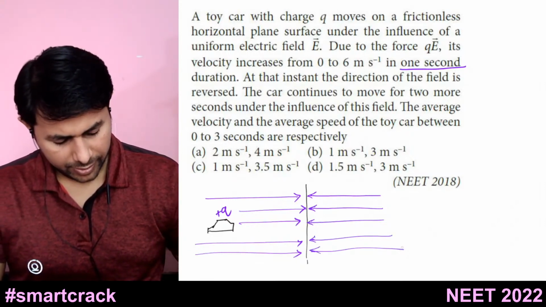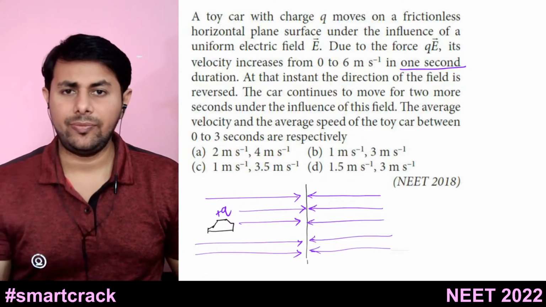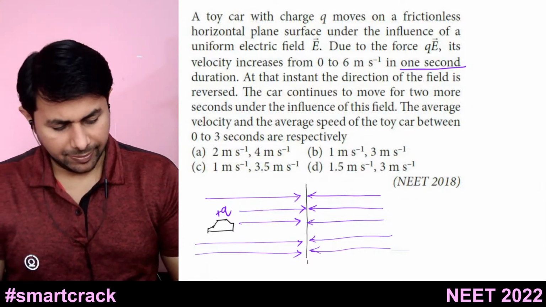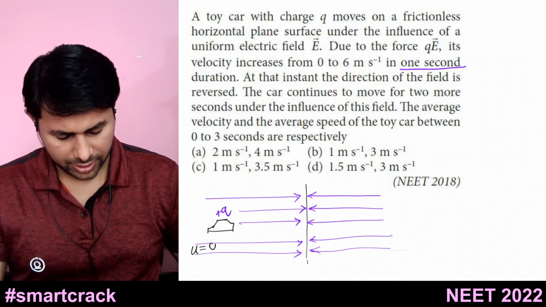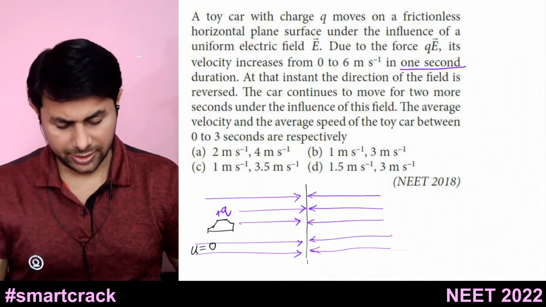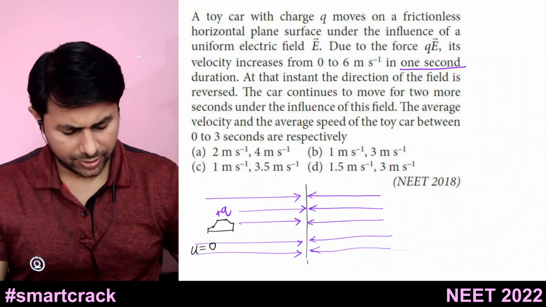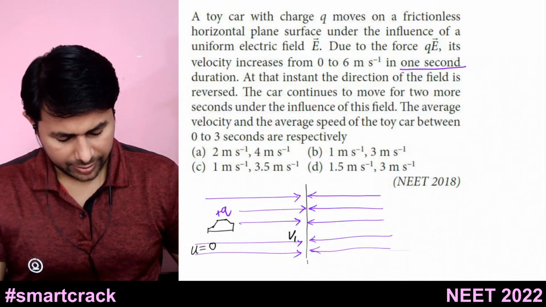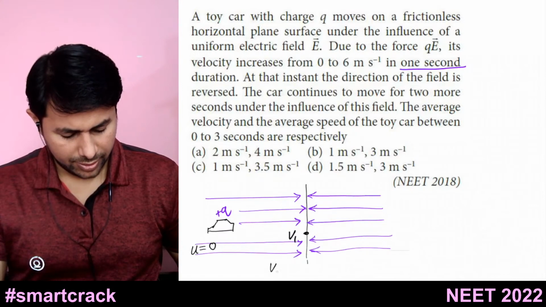So see here what happens. It gains some velocity. Initially u is equal to 0. At this point its velocity is 6 meters per second, let's call it v1. So at this point v1 equals 6 meters per second.